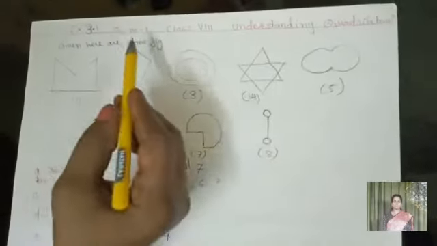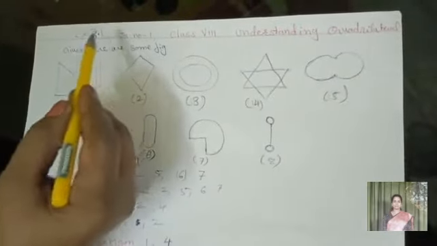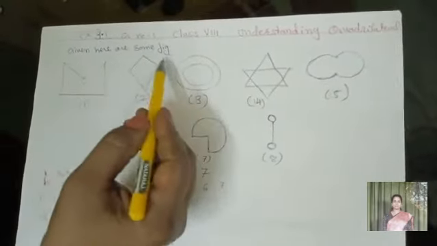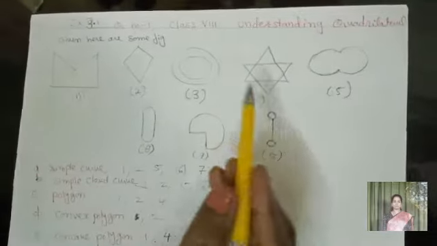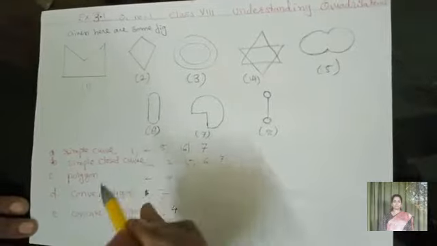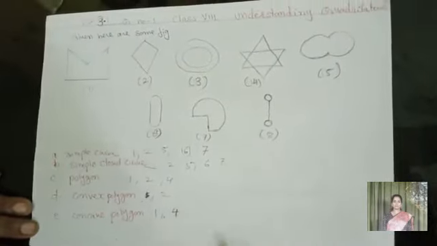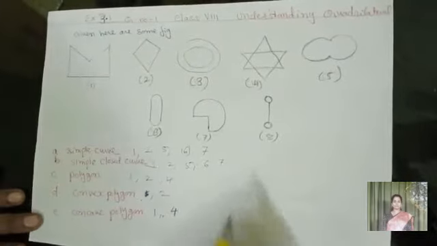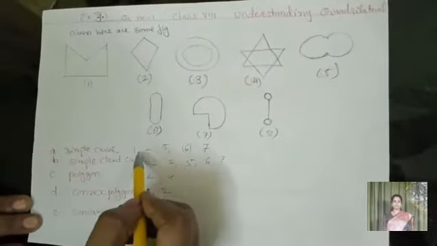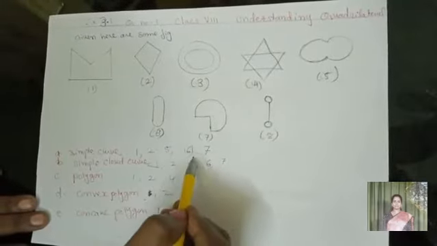Now let us solve question number 1 from exercise 3.1. Here are given some figures. We have to identify each figure as simple curve, simple closed curve, polygon, convex polygon and concave polygon. We have seen simple curves are the curves which are drawn without lifting the pen or pencil.